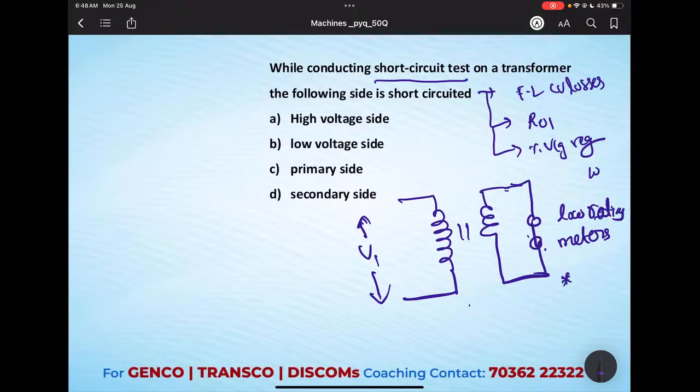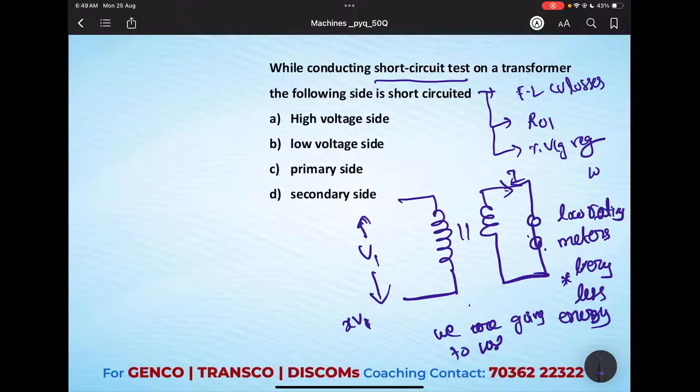Second thing, a very low voltage is needed: if you apply a part of the rated voltage to the HV side, it will drive the rated current in the LV side. So very little energy is going to be utilized to conduct the test.